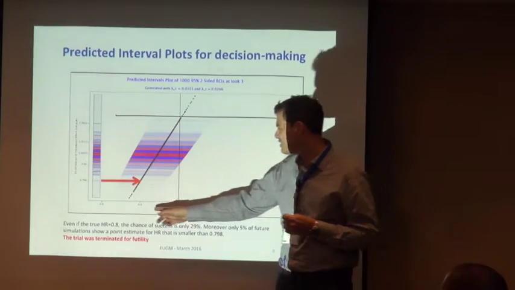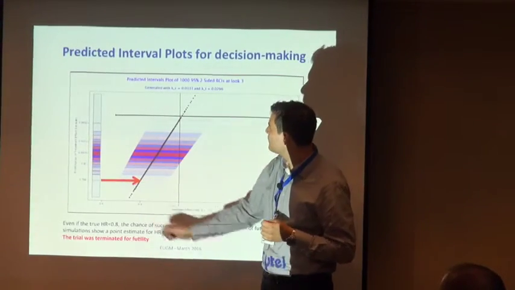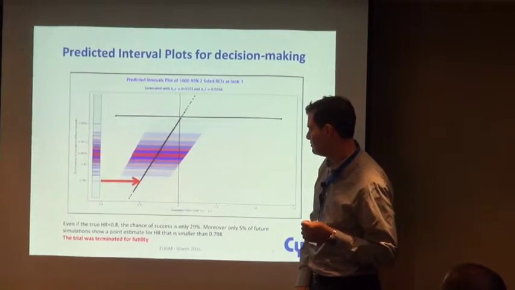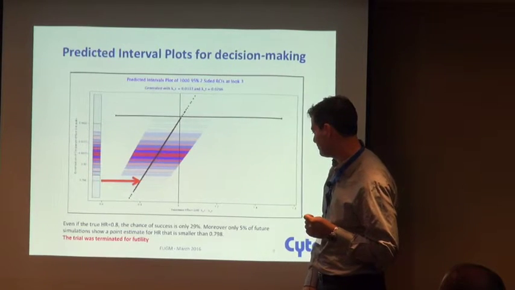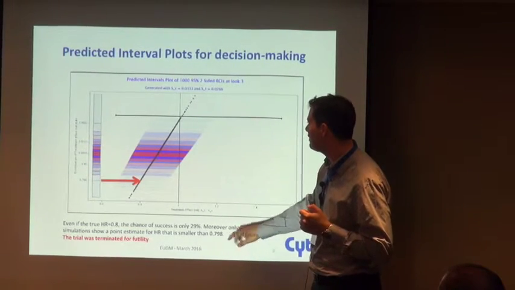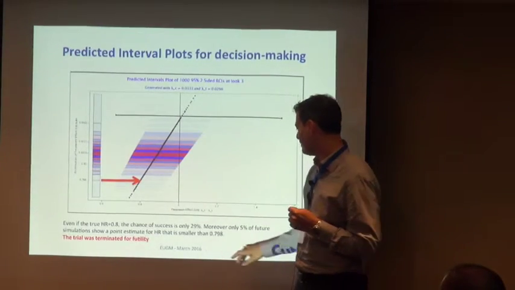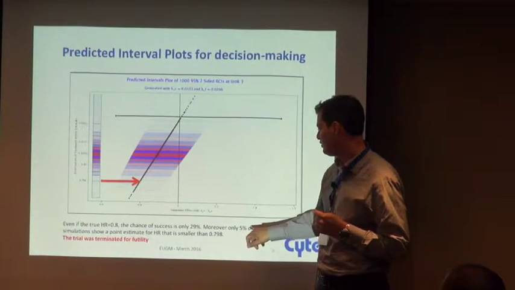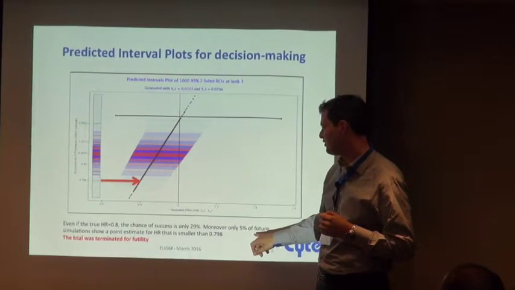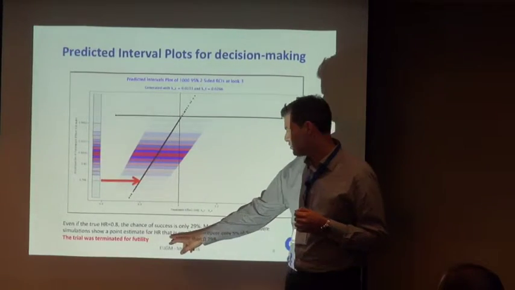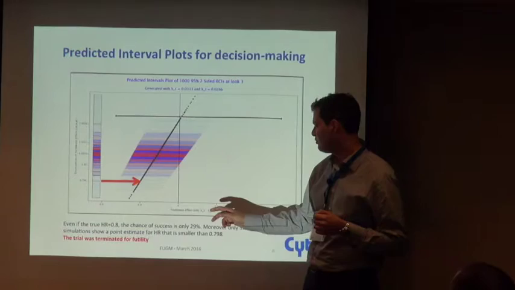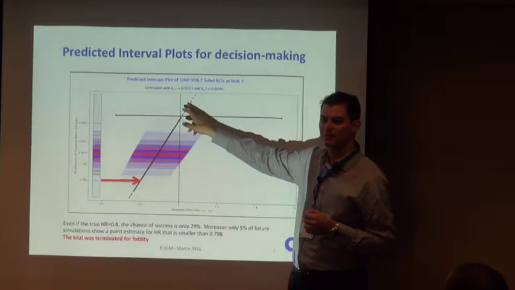So for example, you can just take 0.8. This is generated assuming the hazard ratio is 0.8, and only 5% of future simulations show a point estimate for the hazard ratio that is smaller than 0.798, right?